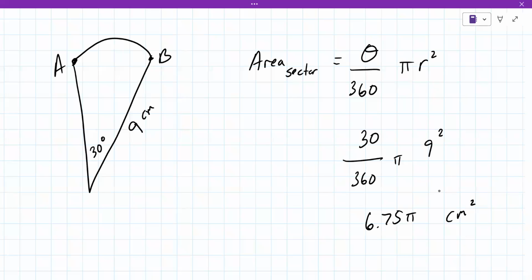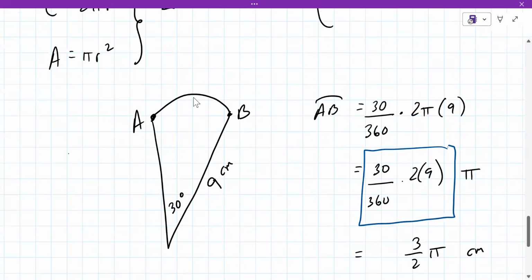So okay, wait. The one above is A to B, correct? Yes, it's the length from A to B. And it's 1.5 centimeters. That's right. And then the one below is the surface area of the entire pizza slice, which is 6.75 pi.